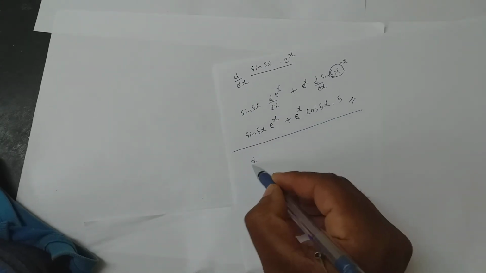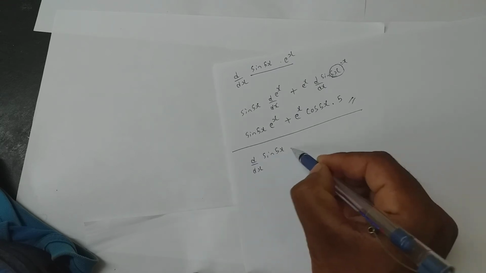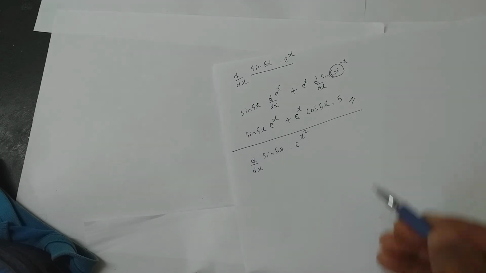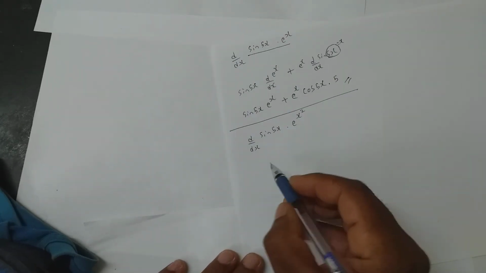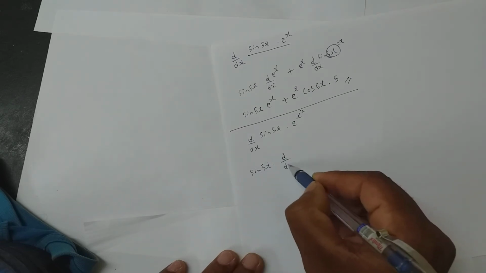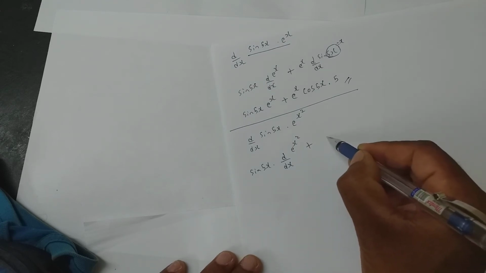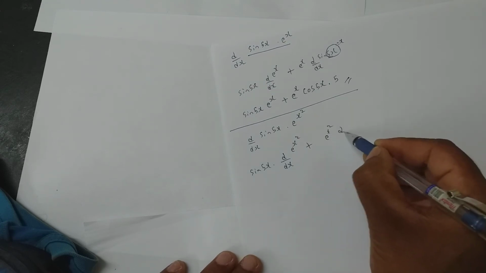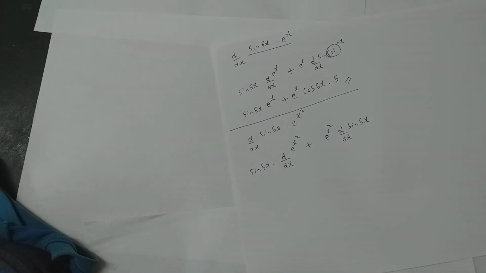Now one more example similar to this. Had it been d by dx of sine 5x into e power x square, then what change does it make? Product rule. So it is sine 5x into d by dx of e power x square, plus e power x square into d by dx of sine 5x.